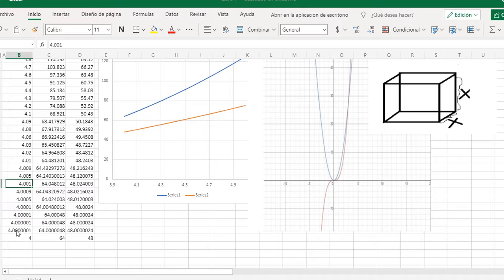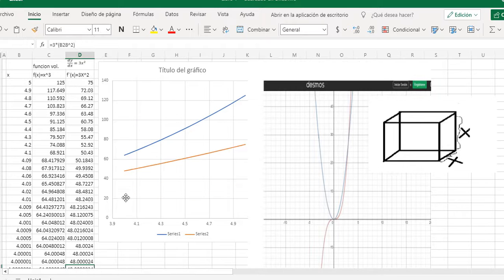We can see that this is tending to 0, and it is the same number in every figure, that every small change that you have with x and the volume is the same, and this is the function of the derivative, and we can see the graph here.